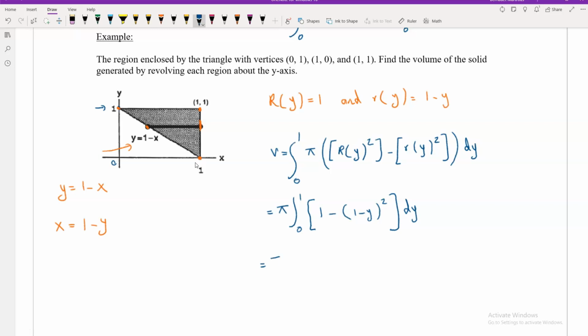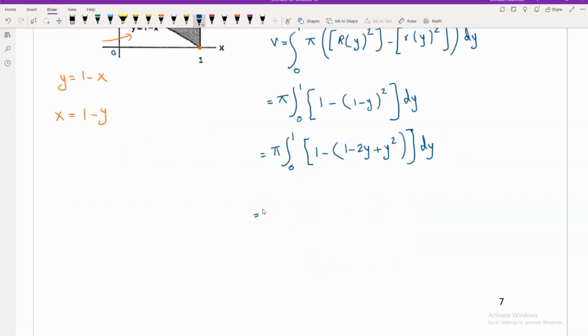This is equal to pi times the integral. We have to find 1 minus y squared, so this is equal to 1 minus, here we have 1 minus 2y plus y squared, times dy. And this is equal to pi times the integral from 0 to 1: 1 minus 1, that part is 0.